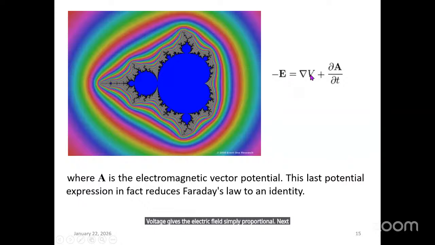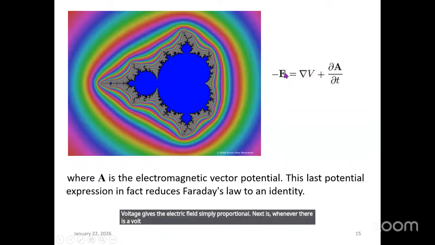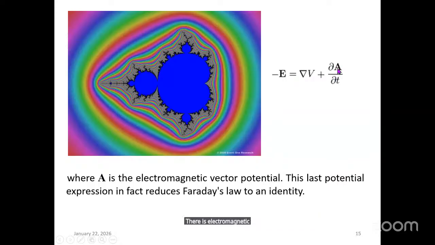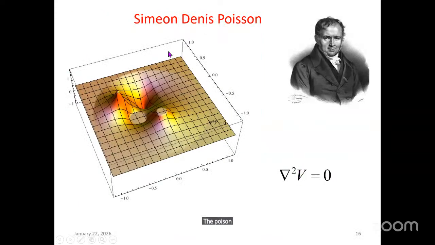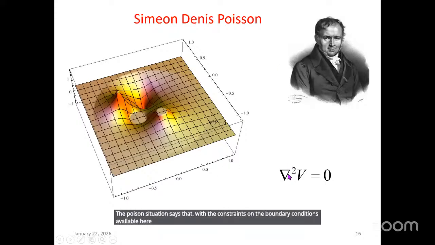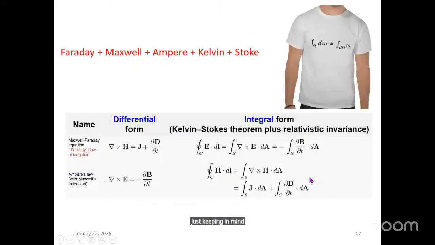Next, whenever there is a voltage, the gradient of voltage is the electric field, and there is an electromagnetic vector potential available there. We'll not focus on the electromagnetic spectrum here. Poisson's equation says that with the constraints on the boundary conditions available here, del square V is equal to 0. I'm just making you aware.